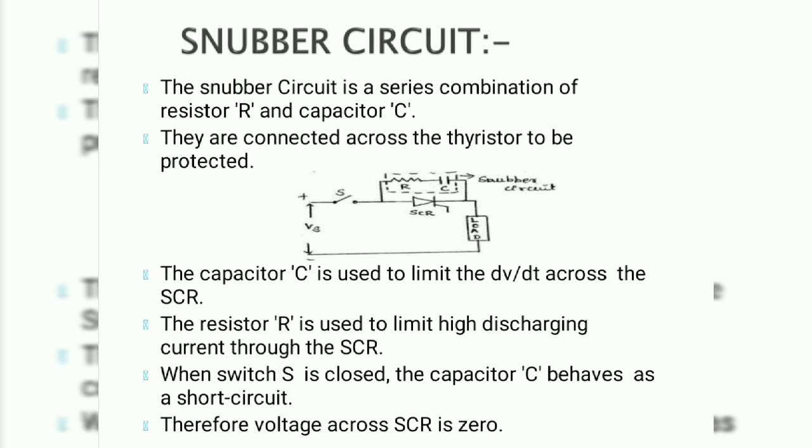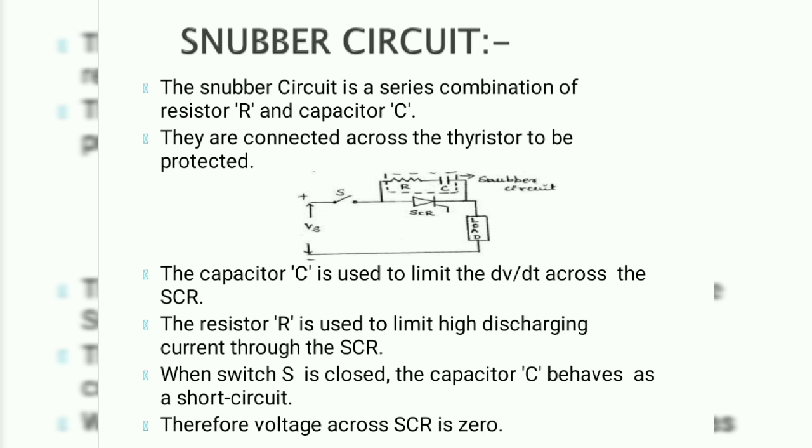The capacitor C is used to limit the dv by dt across the SCR, so capacitor C is going to control the voltage. R is used to limit the high discharging current across the SCR, which is limited with the help of the resistance value.